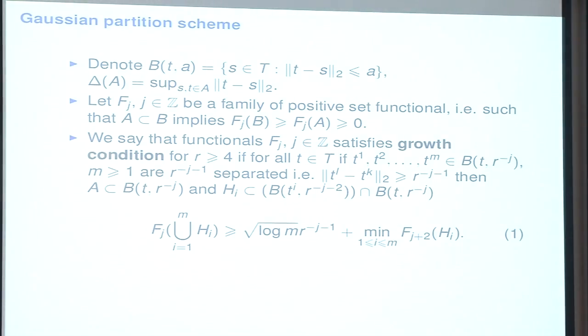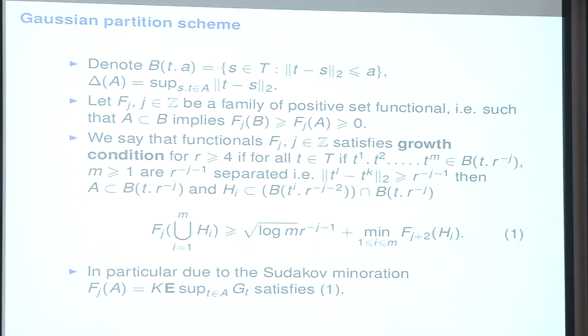And this is the perfect case which works for Gaussian processes, and basically it goes through the Sudakov minoration, and you've seen in the morning how to prove it in effect.